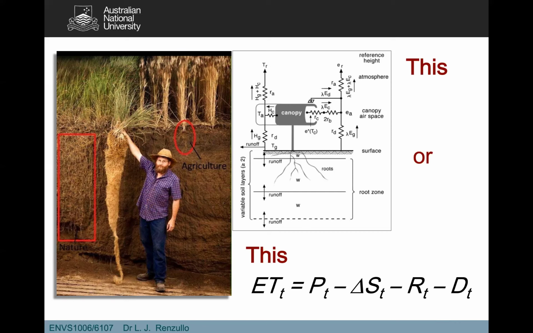Which of these you apply really depends on the question you're trying to answer. And you have to really weigh up the suitability of one over the other to give the best accuracy. It's a compromise between accuracy, parameterization, and applicability over the widest area.